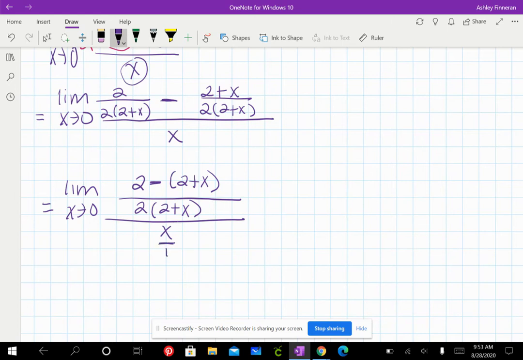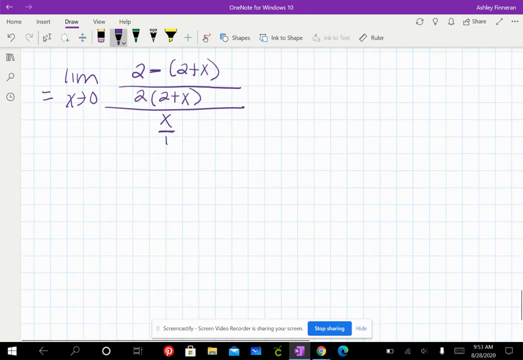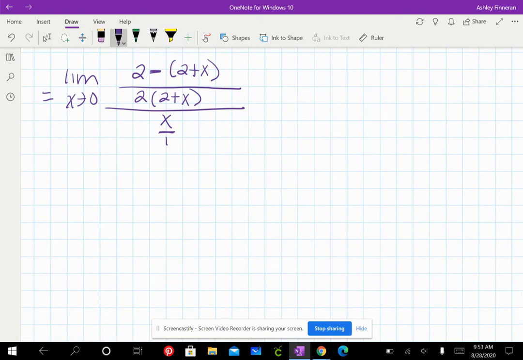And the reason I'm going to do that is I recognize that I am dividing two fractions. And I know that when I divide fractions, I multiply by the reciprocal. So the next step, I'm going to clean up just this. If I have 2 minus 2 plus x, I'm going to distribute the negative, and I get 2 minus 2 minus x.